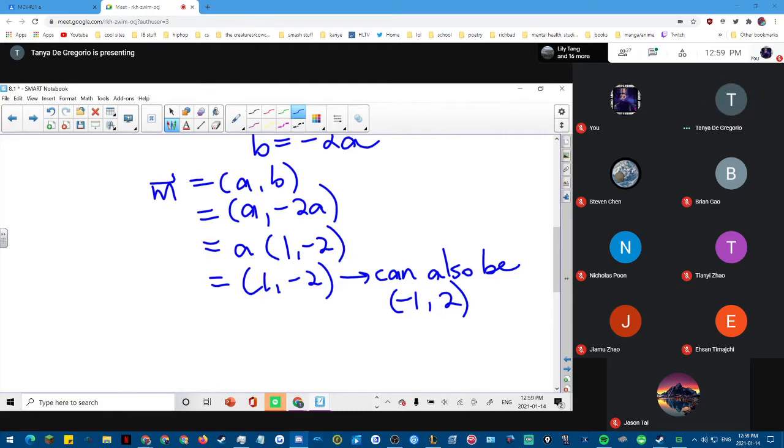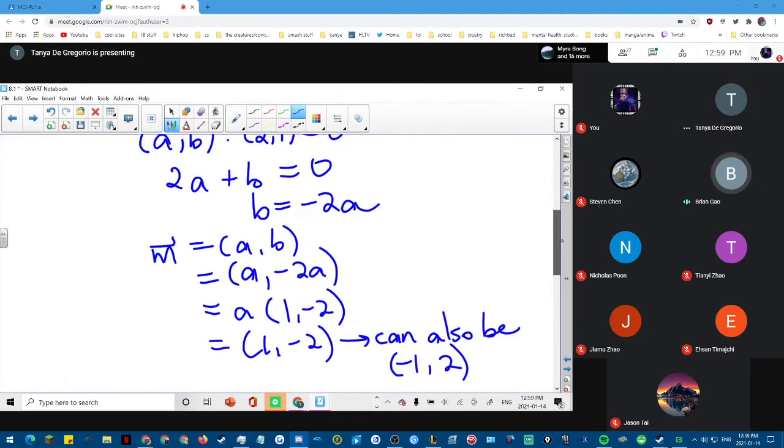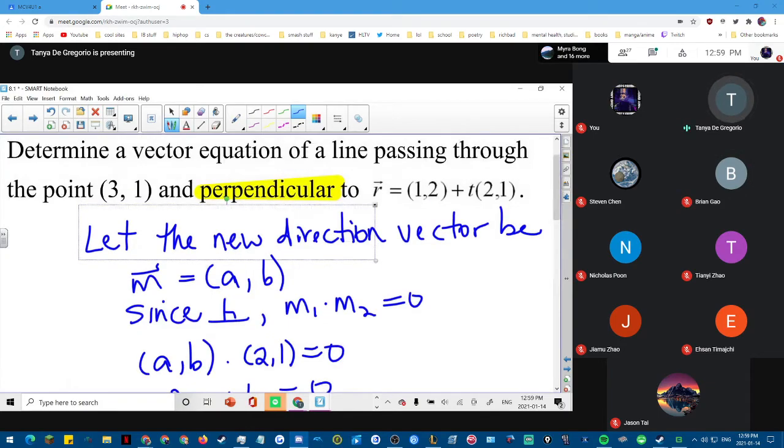Okay, now, did I have to do all this? Did I have to do all this work? No. No, because we learned in grade 9 that if you have a slope, this is showing me a slope of 1 over 2. And I want the perpendicular slope. What do I do? Take the negative reciprocal.